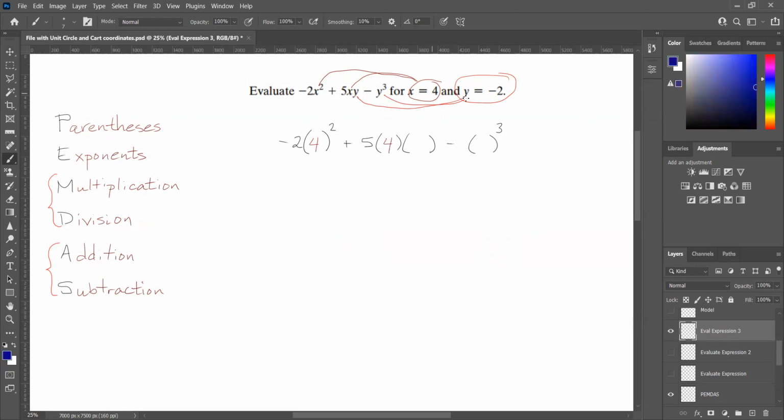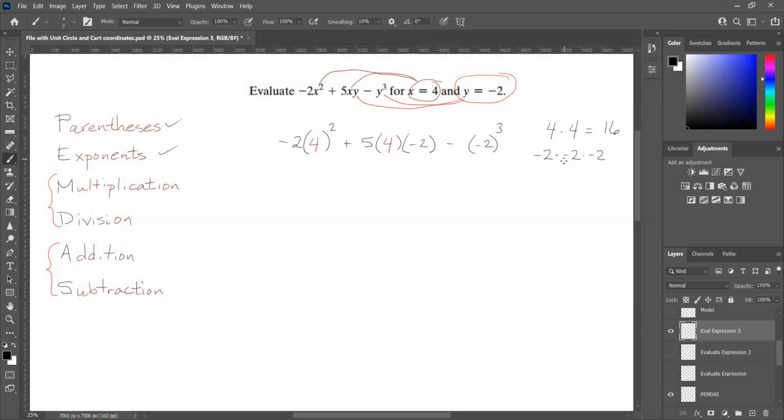And y is negative 2, so I'll put a negative 2 here and a negative 2 there. All right, so there is nothing I can do inside parentheses, but we can do exponents. 4 squared is 4 times 4. That's 16. And I also have a 3 negative 2's that I need to multiply together.